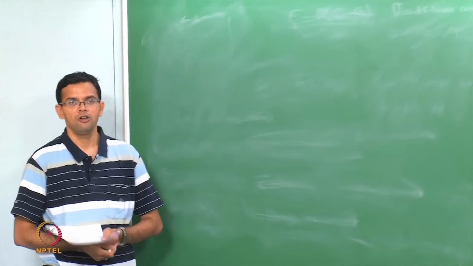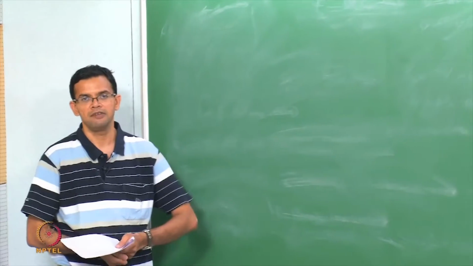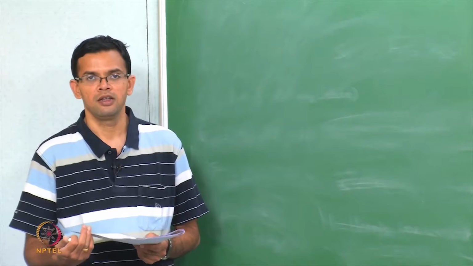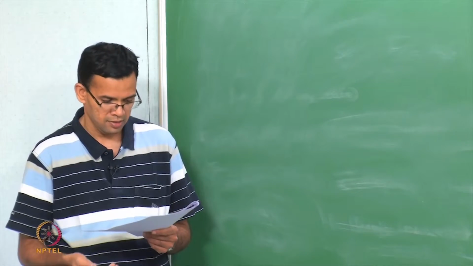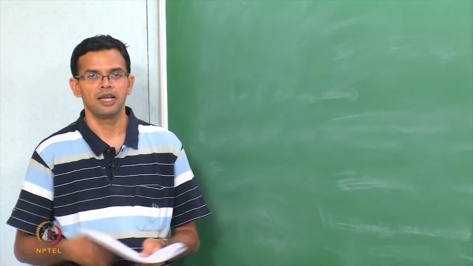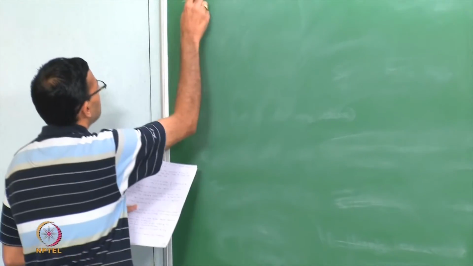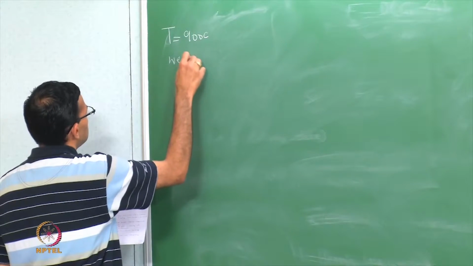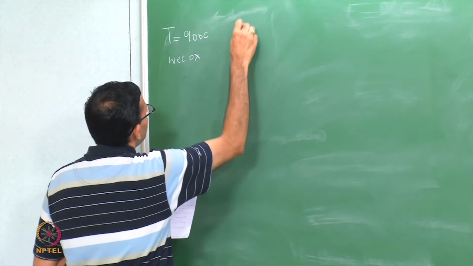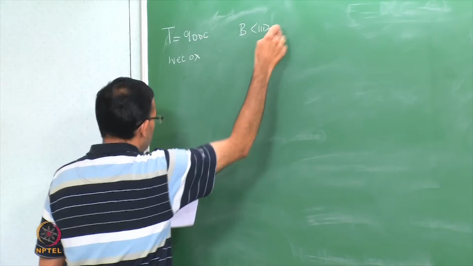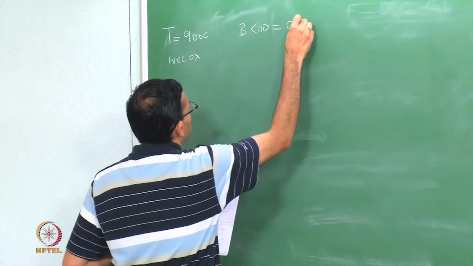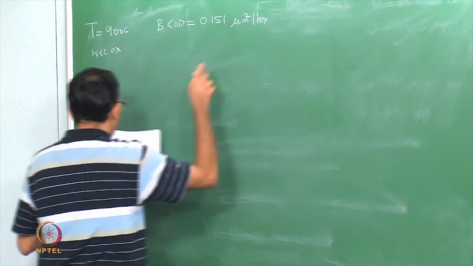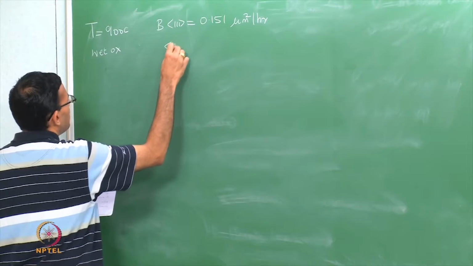The oxidation also depends upon the orientation of the silicon wafer. This is because, for example, if you look at silicon 111, usually the planar density is higher because there is more packing. So, there is actually a faster growth rate. Just to compare, at 900 degrees C for wet oxidation, the value of B, which is related to your diffusion coefficient, is 0.151 micrometers per hour for the 111 plane.